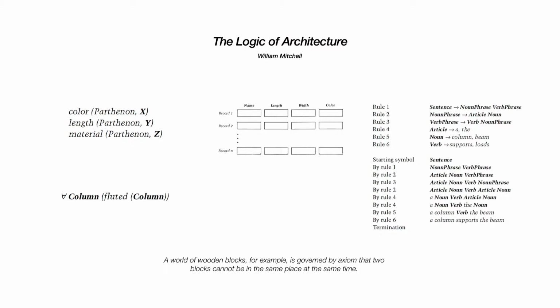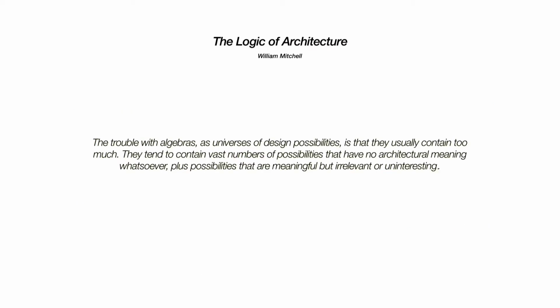He said a world of wooden blocks, for example, is governed by an axiom that two blocks cannot be in the same place at the same time. Not very exciting, but you can find his book in the library.